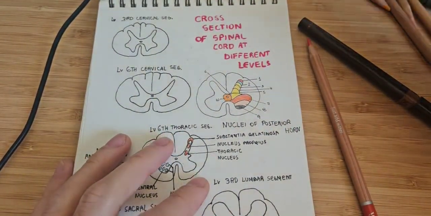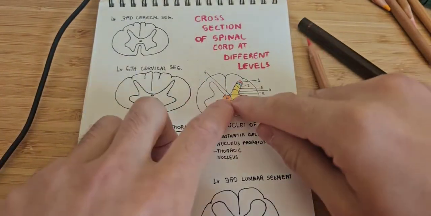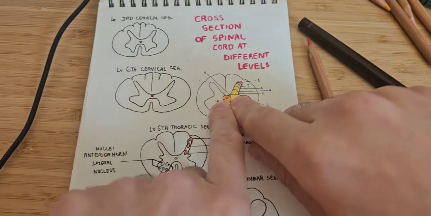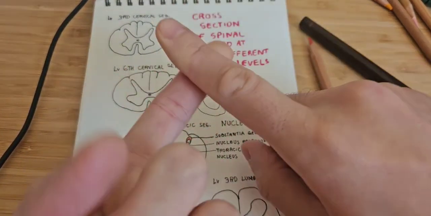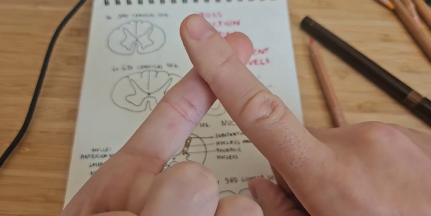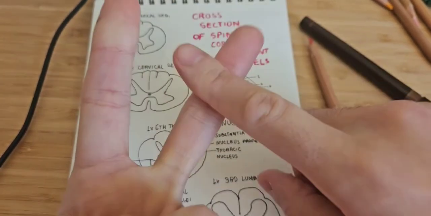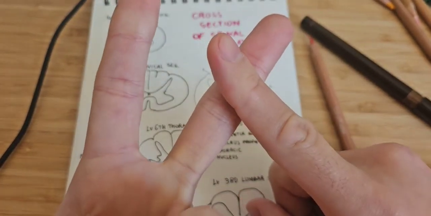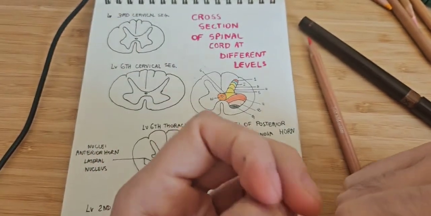About the conditions that might affect this lamina, we have autonomic dysreflexia, and also sympathetic and parasympathetic imbalance.